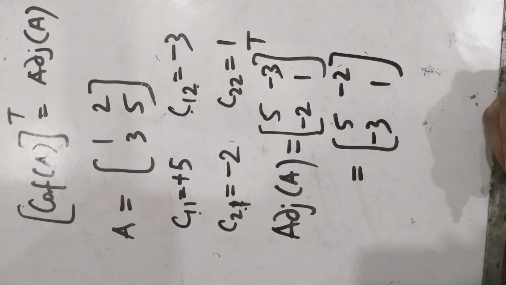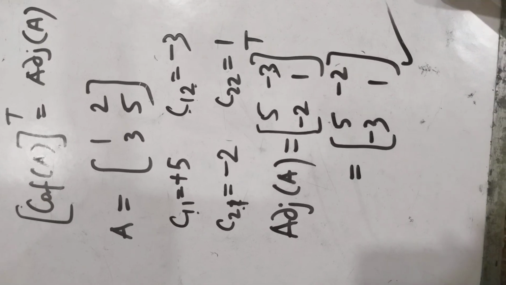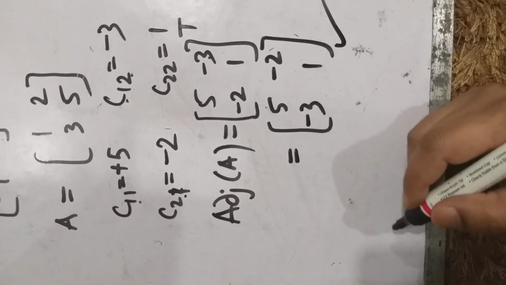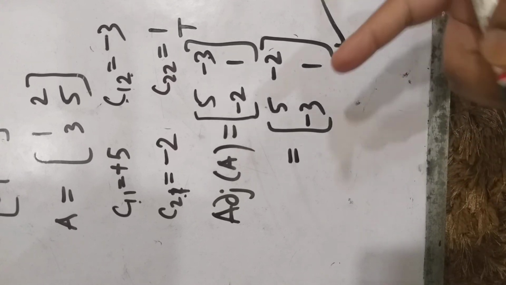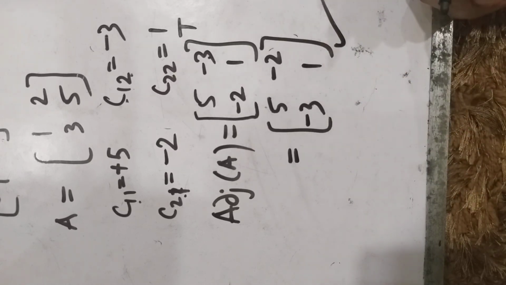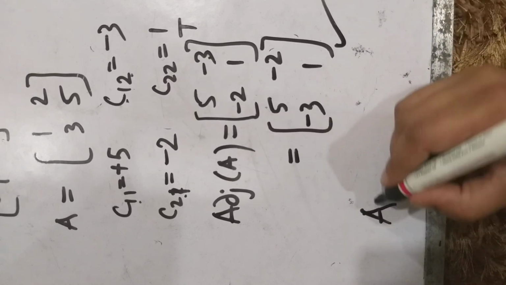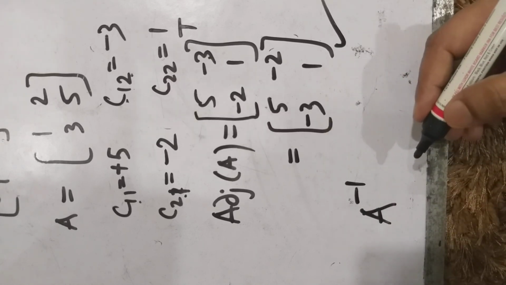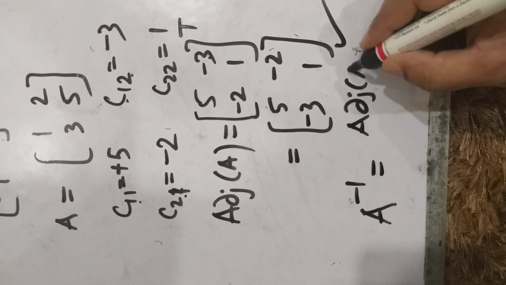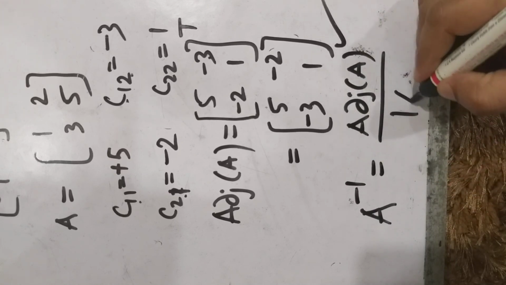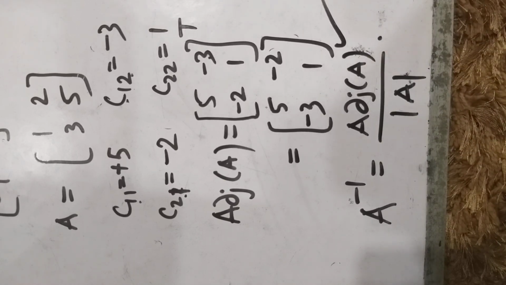So this is your adjoint of A. In my next topic, I'm going to make you understand how to find the inverse of a matrix using minors, cofactors, adjoint and determinant value. One more thing, the inverse of a matrix, A inverse, is nothing but the adjoint of A divided by its determinant value. Fine. So this is A inverse.